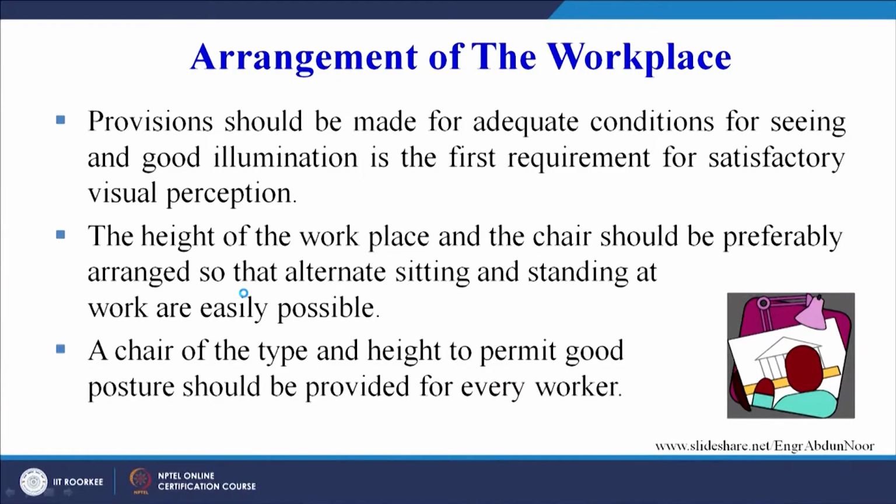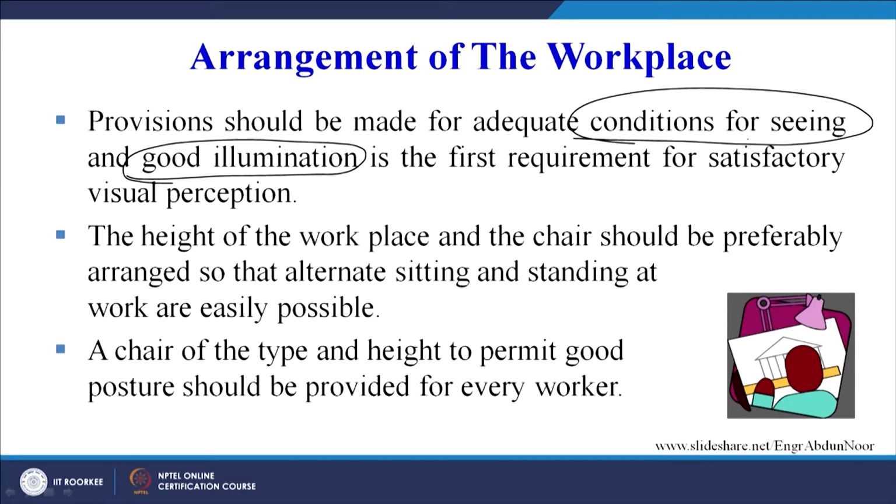Provisions should be made for adequate conditions for seeing, and good illumination, I have taken an example of good illumination earlier also. So conditions of seeing, good illumination is the first requirement for satisfactory visual perception. So we must provide good lighting arrangement wherever the work is being done.